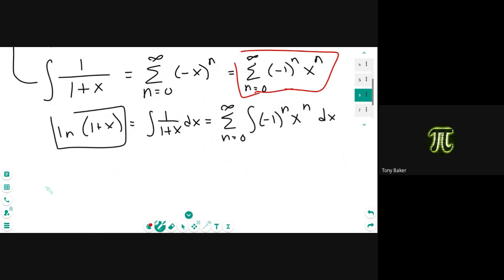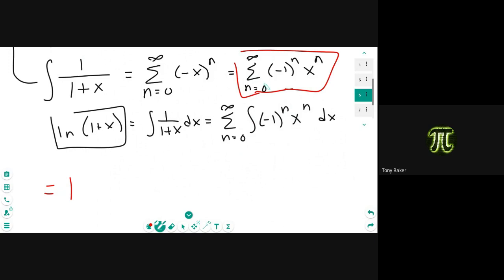Okay, that would give me what? What's the first term? If n is 0, what do I get? I get 1. Negative 1 to the 0 power is 1. X to the 0 power is 1. So I get 1.